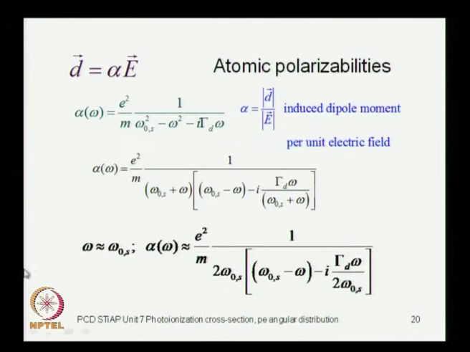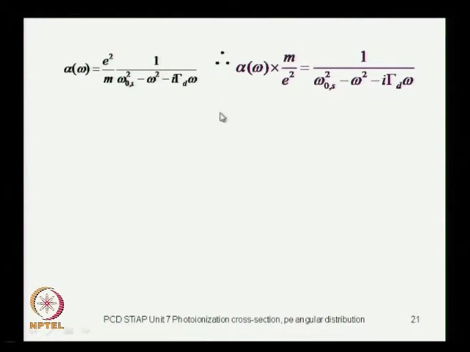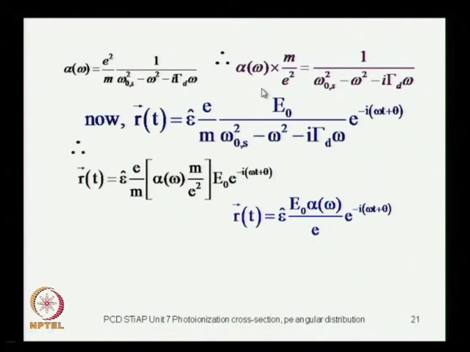So, this gives me a fairly good approximation to the atomic polarizability, and if you just take this and multiply by m and e square, you get this term which is very similar in its form to the solution for the displacement for the driven and damped oscillator. Okay.